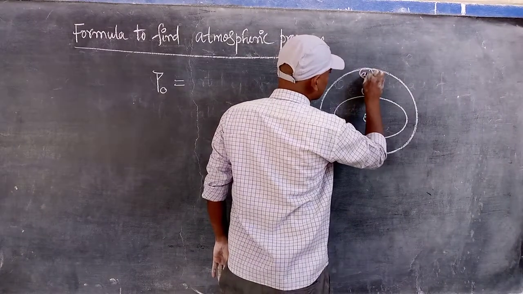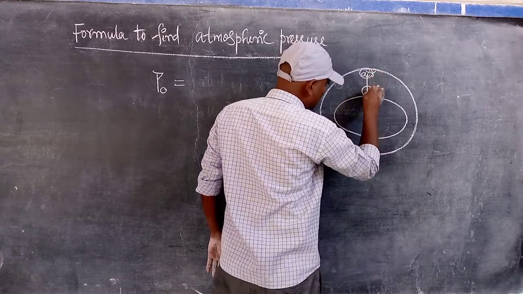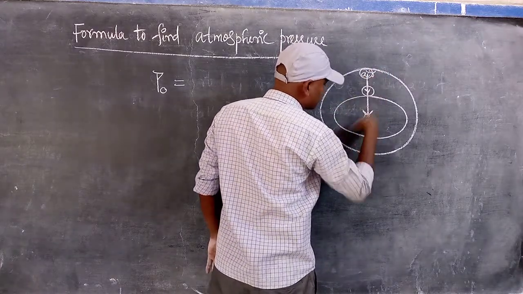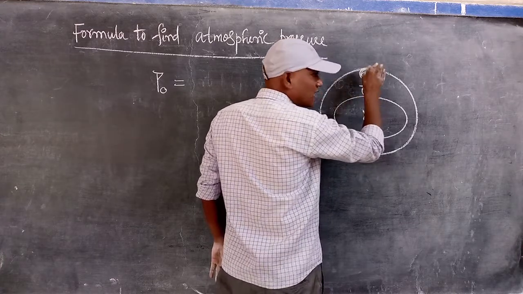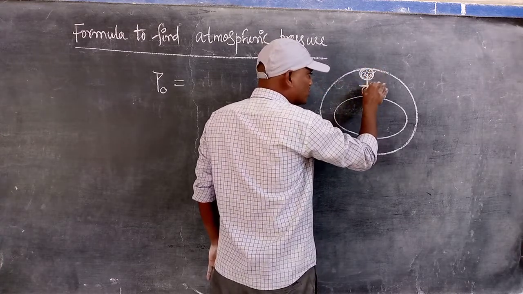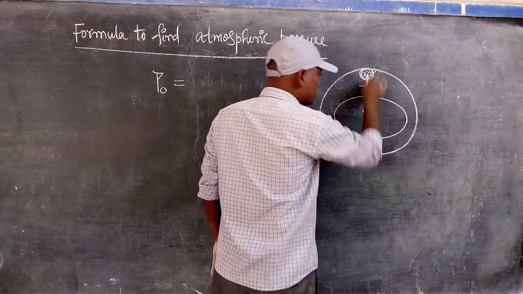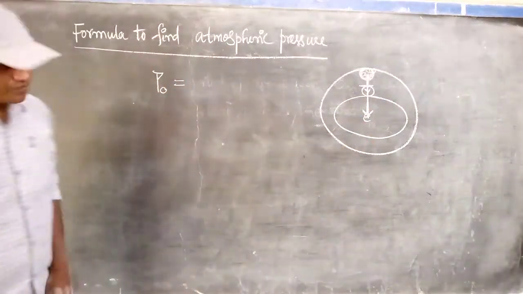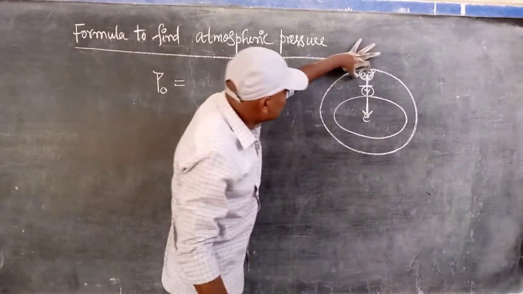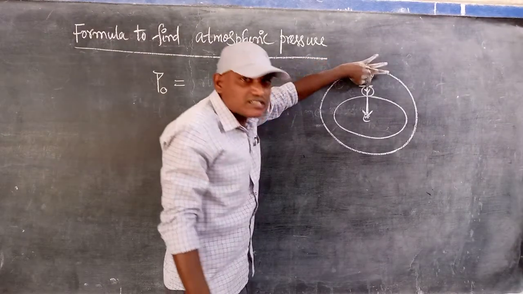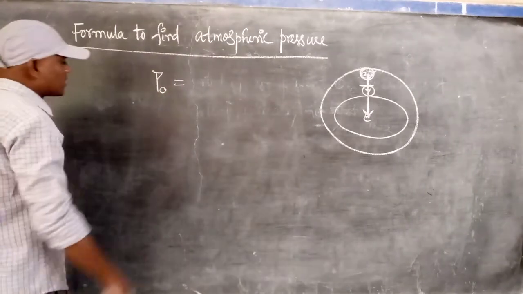The air exerts some force on the body due to the gravitational force. Means the air present in the atmosphere exerts some force on the area of the object due to the gravitational pull of the earth. That is why air exerts some force on the object, in which direction? Downward direction.